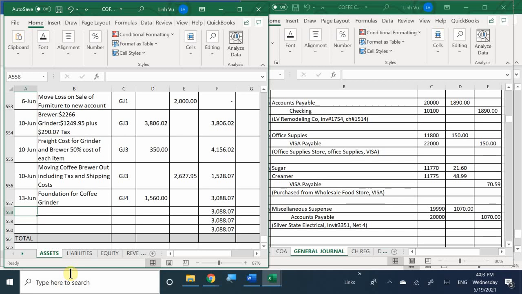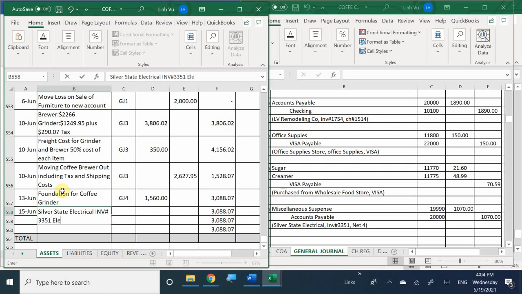Okay, here we are, miscellaneous suspense, June 15th, Silver State Electrical. I put the invoice number, 3351. What would I put for the description?